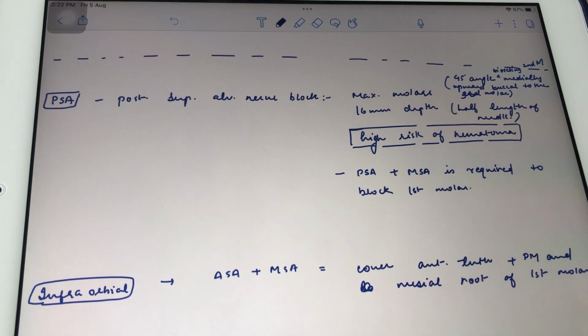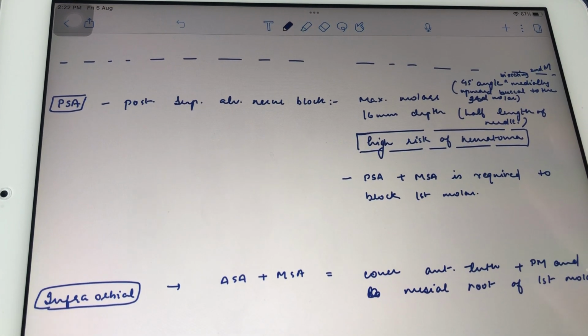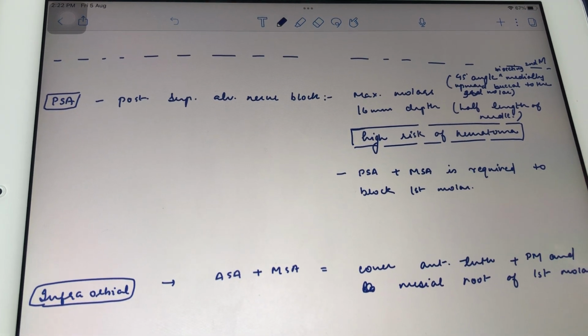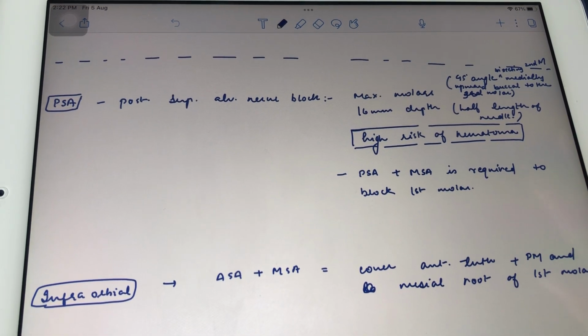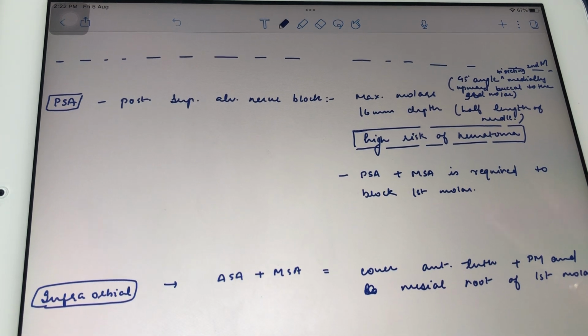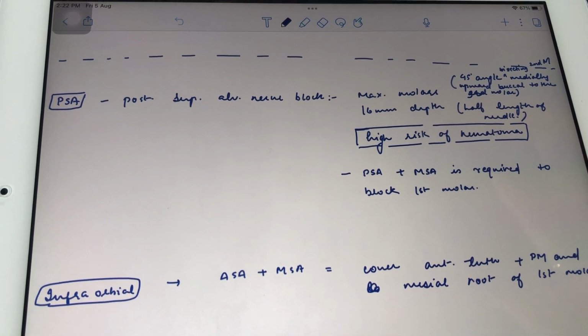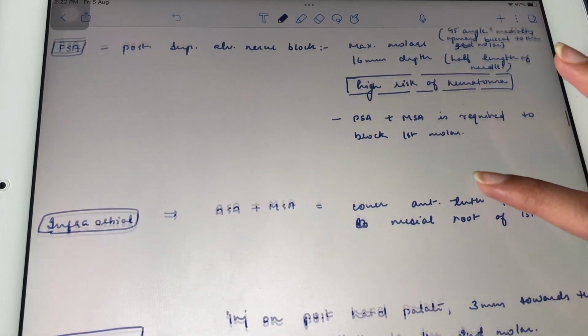Also, trismus is a very common complication of this block, and it is asked many times: trismus can be caused by which of the following blocks or areas. The infratemporal region is the answer, and the posterior superior alveolar nerve block is the answer.